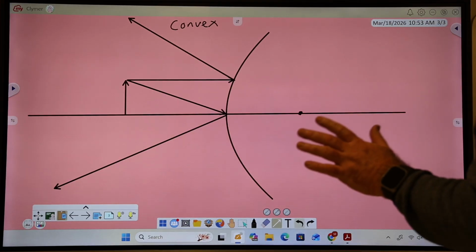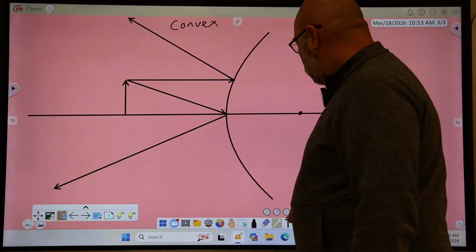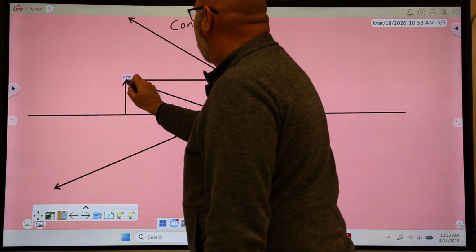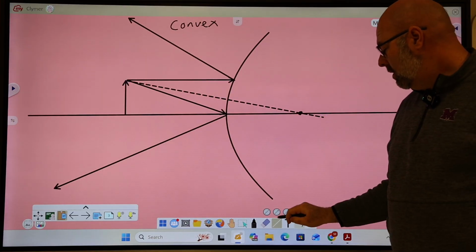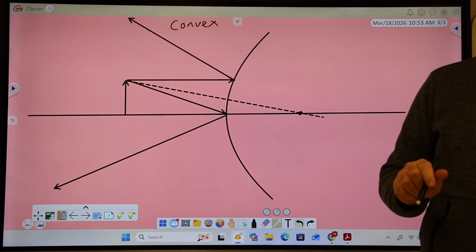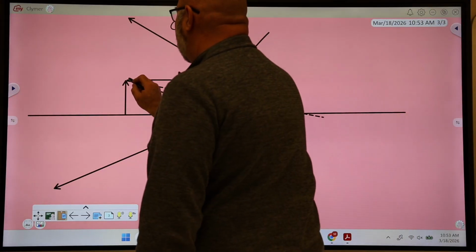Are we going to be able to draw it all the way in through the focal point? No. So I'm going to do another test line just so I know where this is going to go. And again, how you choose to do this on your paper, I have the luxury of erasing a thing. You could just trace it along this line.